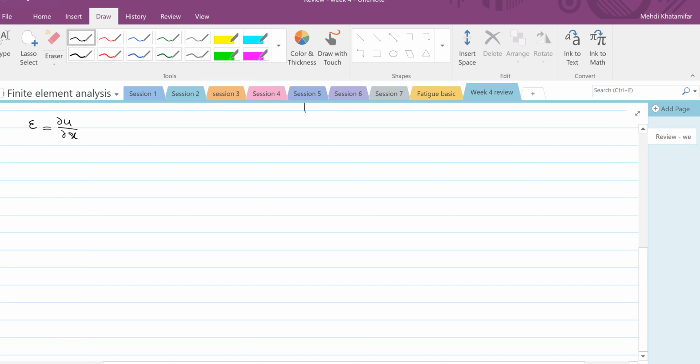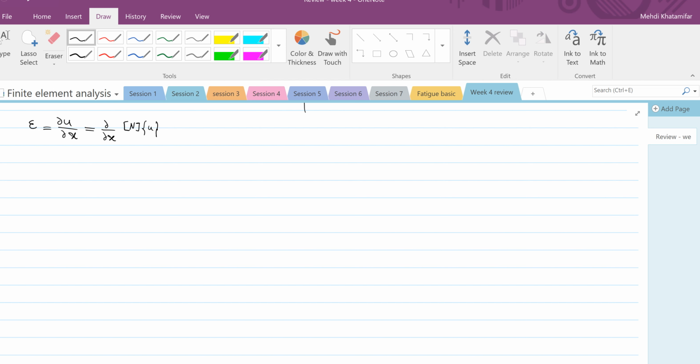And we just found out that u can be written as N times the small u. And remember, the vector small u are the values for displacement at the left and right side nodes.